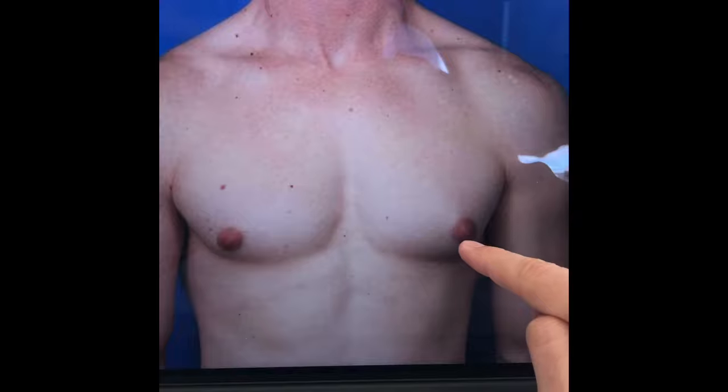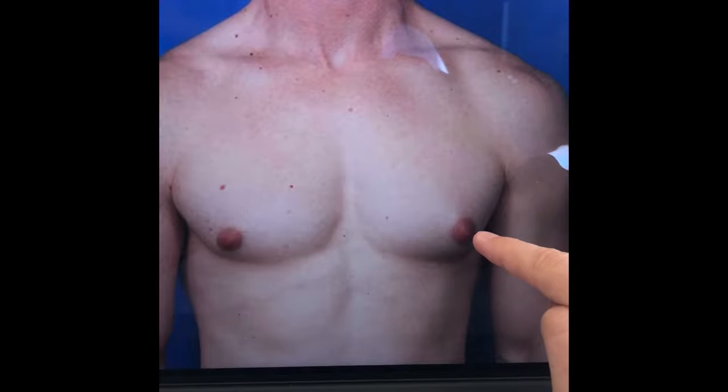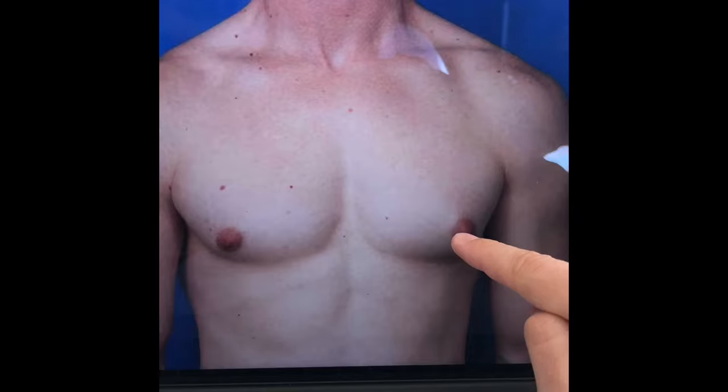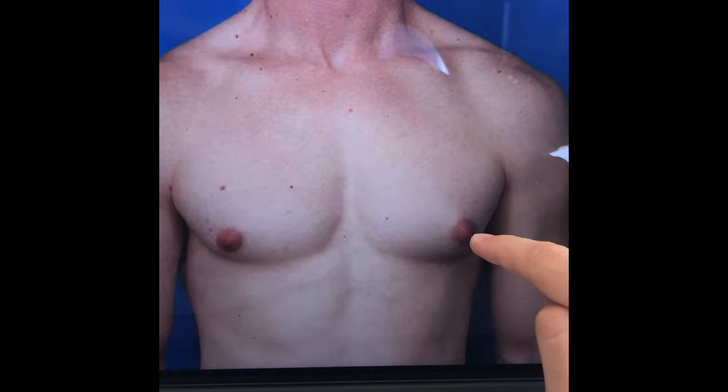We are trying to do an incision from, let's say, 5 o'clock to 7 o'clock, or from 4 to 8 o'clock. If there is a clock, we can do the incision here like this.